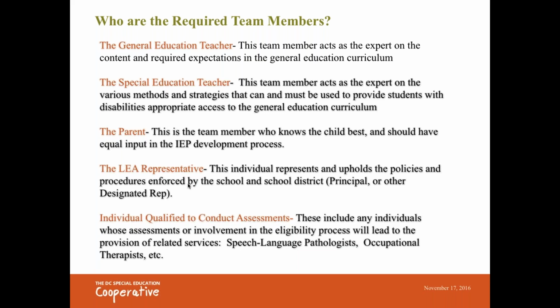This is the team member who serves as the expert in regard to the expectations of students at a particular grade level in the general education curriculum. What do the standards say that they should be able to do, so that the discussions at the table can be around, if this is what the child should be able to do, what parts of this are they doing, what parts of this are they not doing, and how do we bridge that gap?